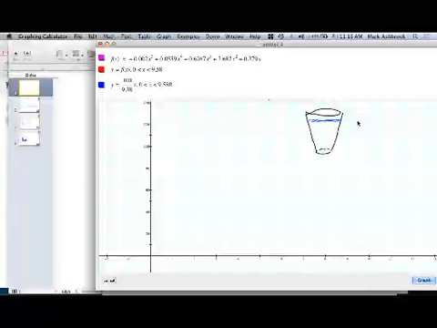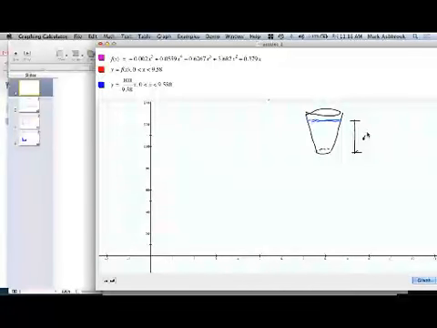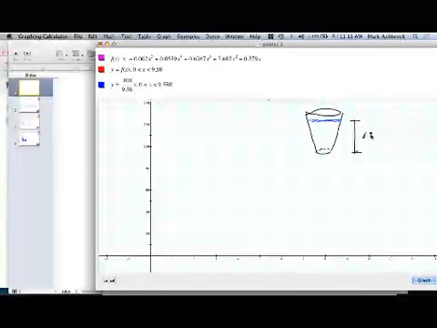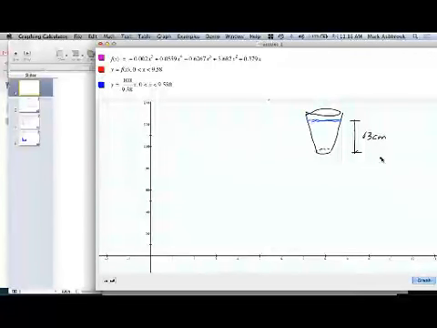Say when it's filled up to a height of, I don't know, 16 centimeters. Is that too much? Yeah, probably 13 centimeters.